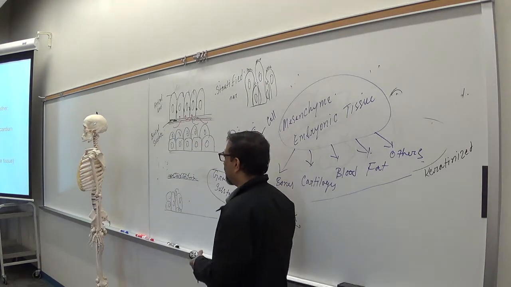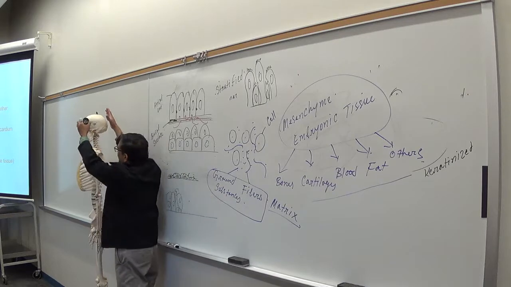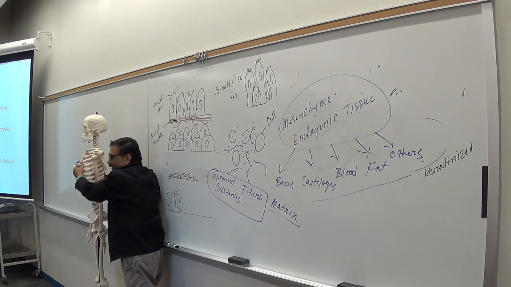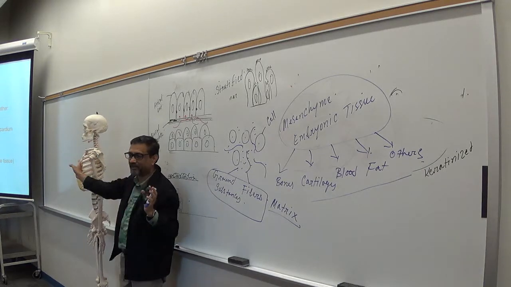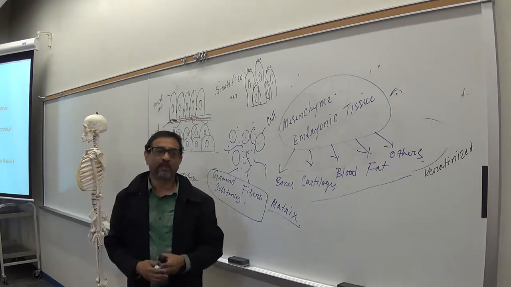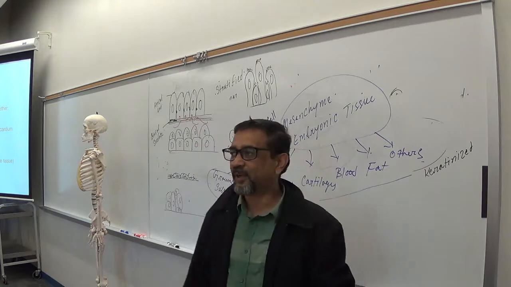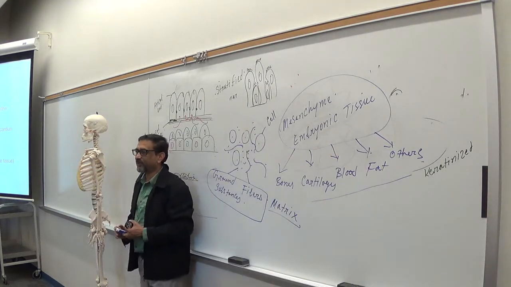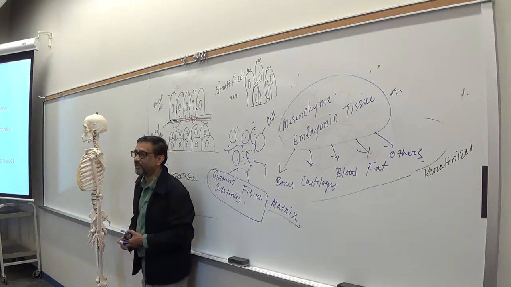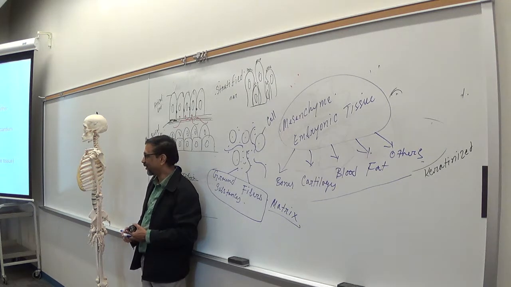Support. We all know that this structure is supporting the whole body, and this structure is connective tissue, bones and cartilages. So support. Flexibility. One type of cartilage is called elastic cartilage. Remember that?